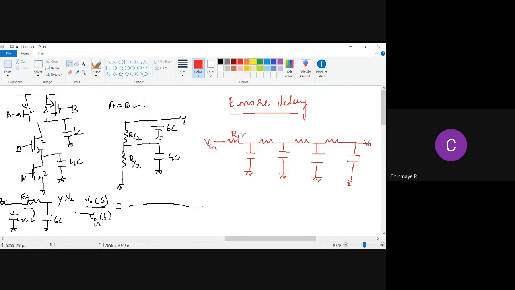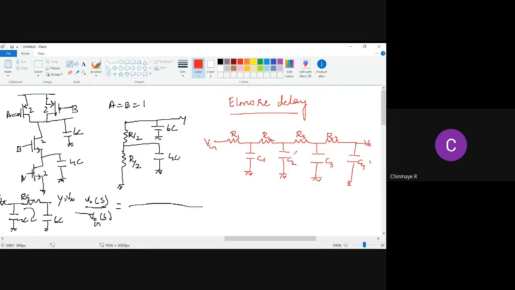Let's call this R1, R2, R3, R4, C1, C2, C3, C4. So whenever we have a circuit that looks like this, that is whenever an RC circuit has no loops, the root of the tree is the voltage source.